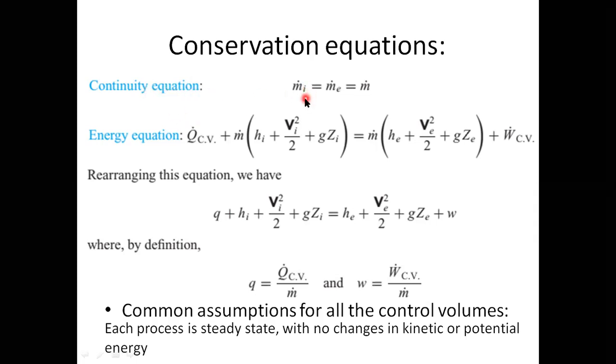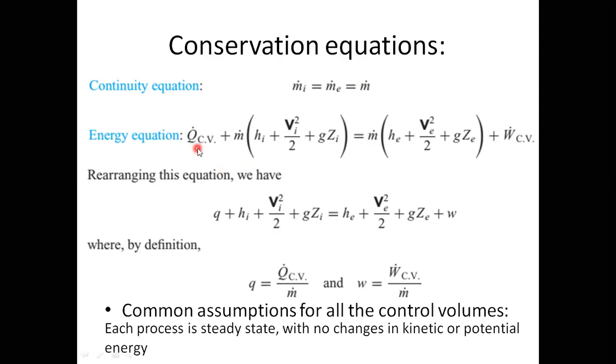So continuity equation means for all the control volumes, there is only one inlet and one exit. Therefore, and they are steady flow devices, inlet mass flow rate m dot i is equal to outlet mass flow rate, that is m dot e. We have assumed that is equal to m dot.